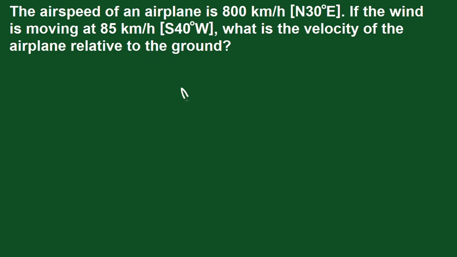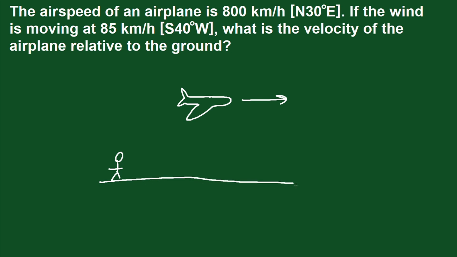So if you have an airplane up here in the sky and it's traveling this way and you're on the ground over here, you're looking at that airplane. You can see that the airplane goes from here to here, that distance in a certain amount of time. You can divide that distance by that time and figure out, oh, that's its ground speed. That's the speed relative to the ground.